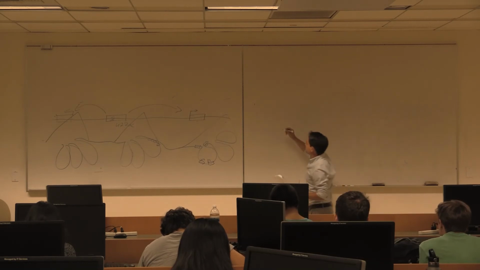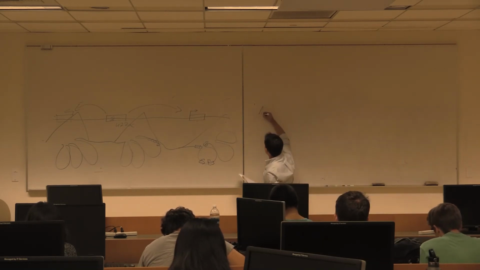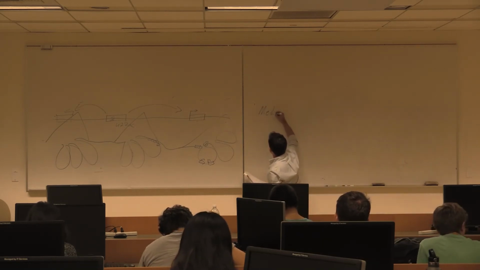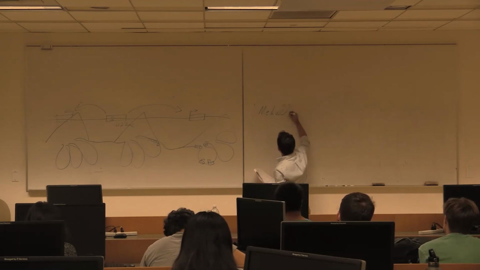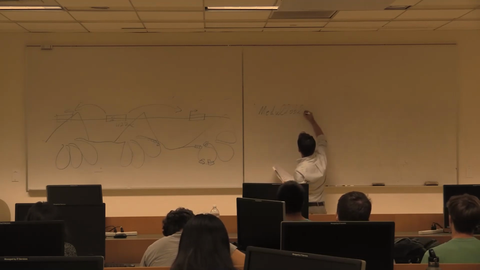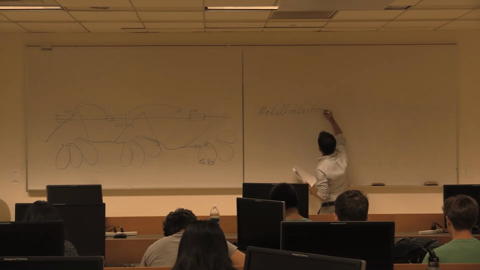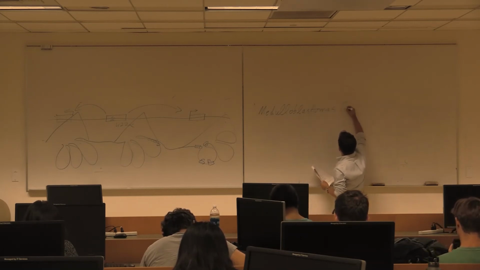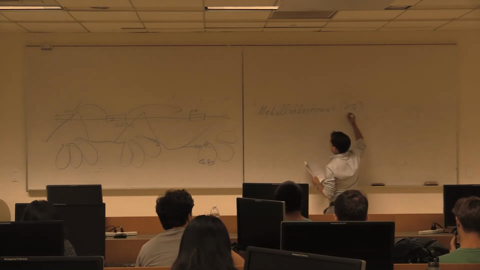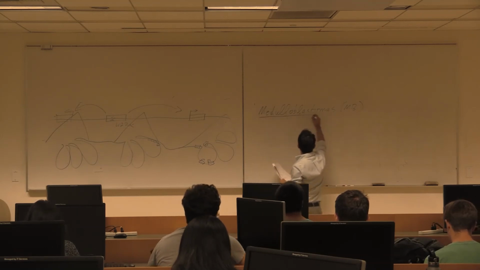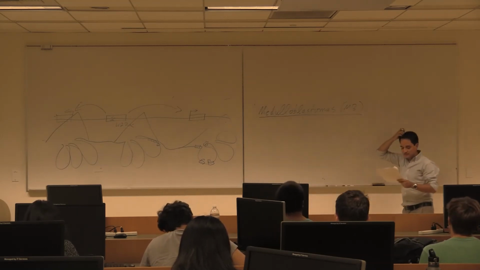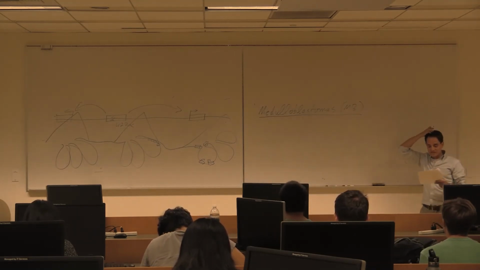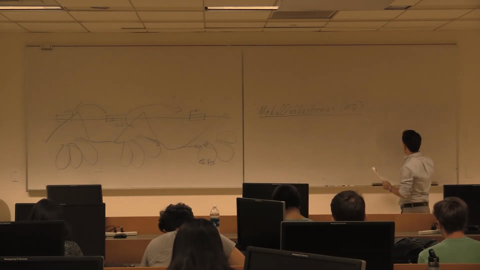So there's one brain tumor type we are very interested in. They are called medulloblastomas, or MB for short. Medulloblastomas are brain tumors that arise in the cerebellum.